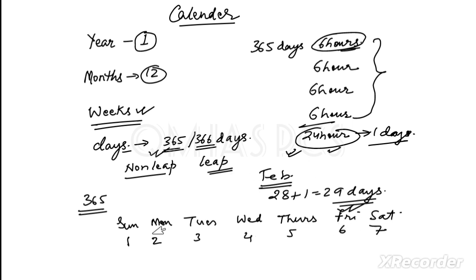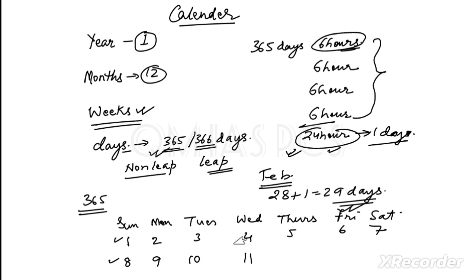But when you write the date 8, you will see that from 8 it will be repeated. So that means there is a repetition after 7 days. There is always a repetition after 7 days: 1 is equal to 8, 2 is equal to 9, 3 is equal to 10, 4 is equal to 11.